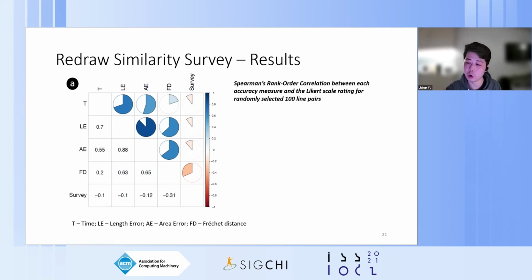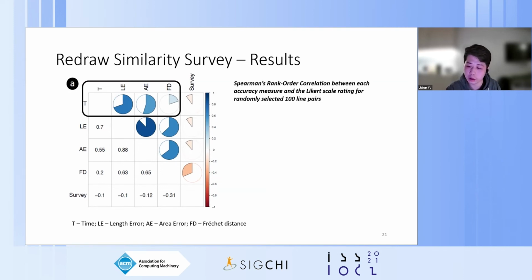To further examine the correlation between them, we did a Pearson rank order correlation. The result of the redraw similarity evaluation showed a high correlation between TLE and TAE, but a low correlation between T and FD. This is indicative that Fréchet distance could produce information independent of the commonly used time metric.